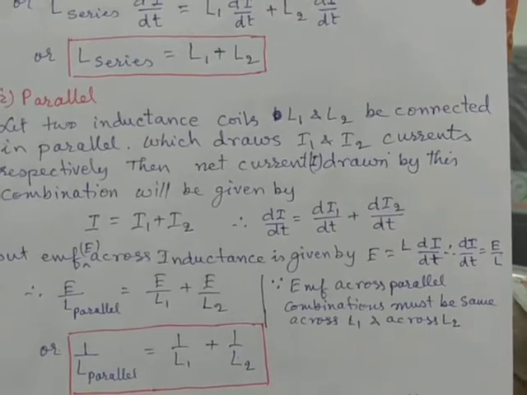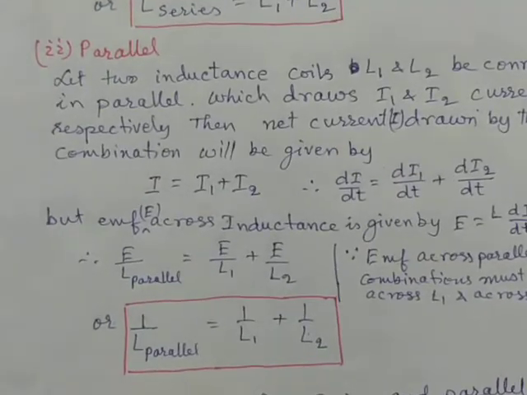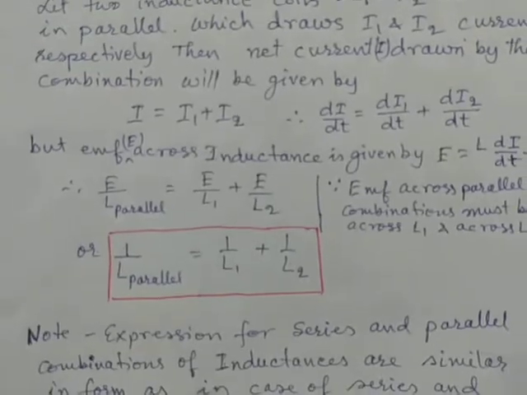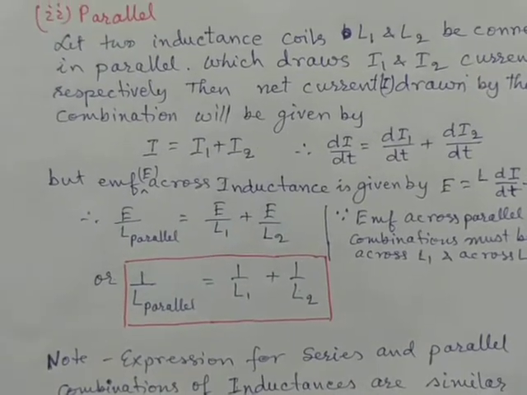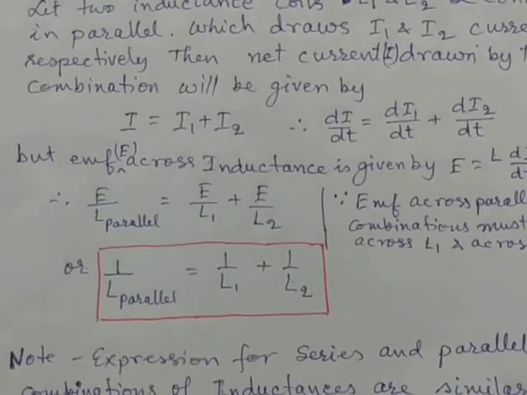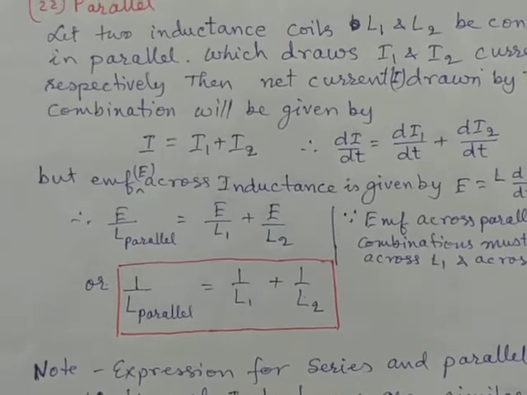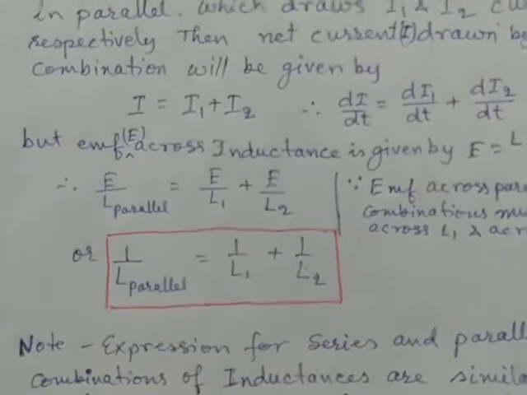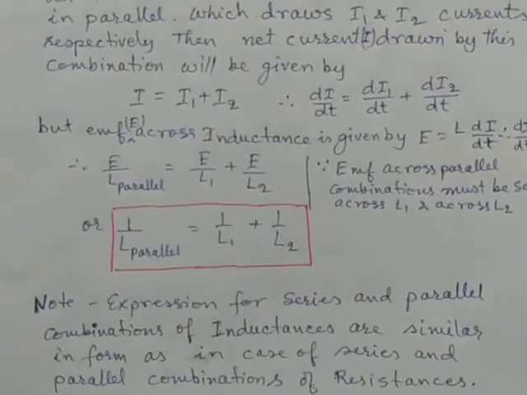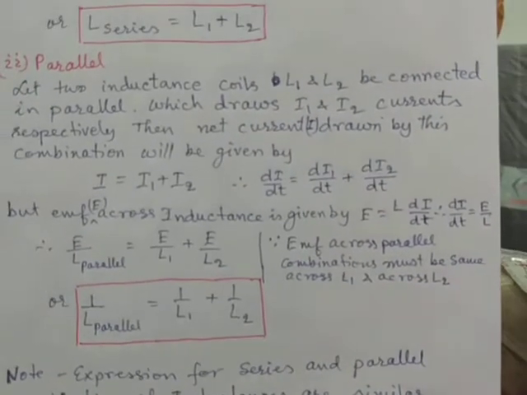Therefore di by dt is equal to E by L for inductance coil, and on putting the values of I, I1 and I2 in the expression, we get 1 by L parallel, that is the equivalent inductance of two inductance coils when placed in parallel, equal to the sum of the reciprocals of the individual inductances, which is again similar to the expression of equivalent resistance when they are placed in parallel to each other in a given circuit.